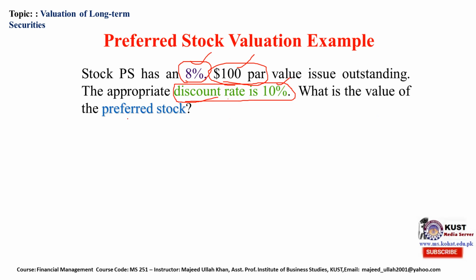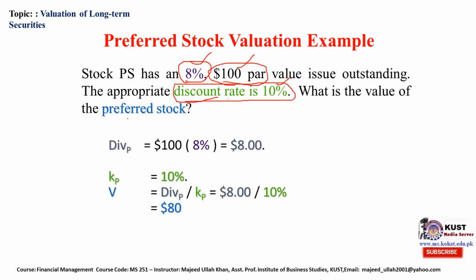What is the value of the preferred stock? First we will calculate the dividend. The dividend on the preferred share is 100 multiplied by 8%, that is $8. Required rate of return is 10%. So using the formula of perpetuity, dividend divided by Kp, $8 divided by 10%, that is 80.